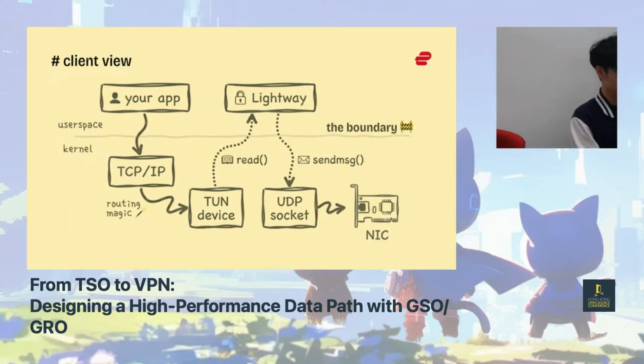This is very simple. Virtually every VPN does this: OpenVPN, WireGuard. Basically, your app, whatever you're using, whether browsing YouTube or watching Netflix, has its data cross the kernel boundary, passing through the TCP/IP stack, usually.